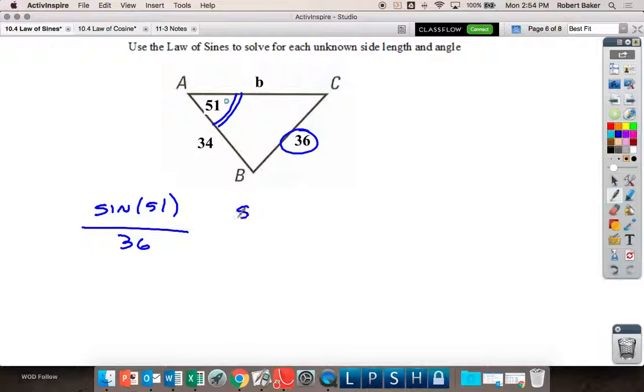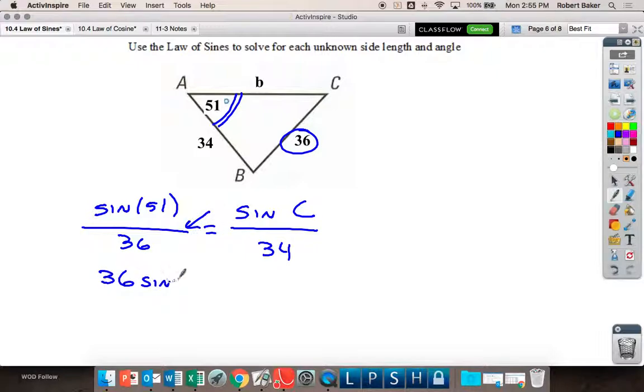So the sine of C over 34 is also an accurate proportion. Now what are we solving for? C. And when you're solving for an angle, what kind of trigonometry should you be doing? Inverse trigonometry, right? We solve for an angle and use the inverse.